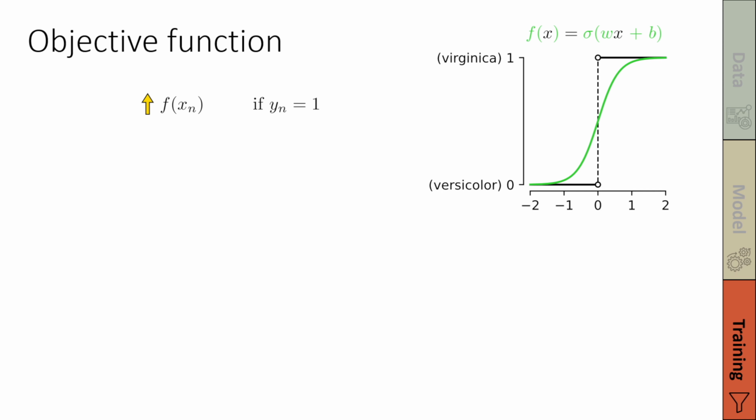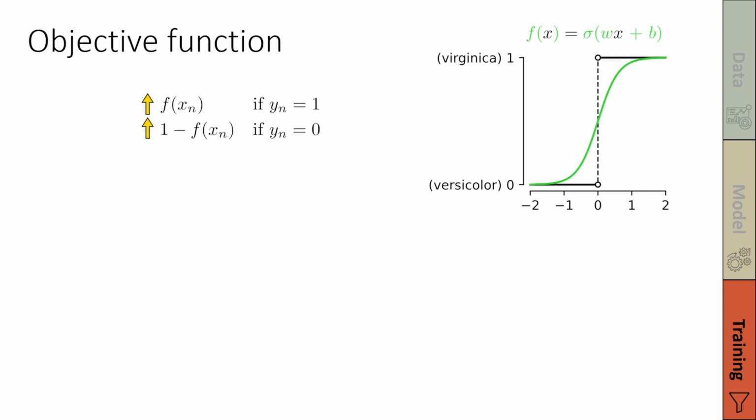And since the output of the sigmoid function is bounded between 0 and 1, this means that we want the output to be as close to 1 as possible. And when the target is 0, we want the function value to be as low as possible. Minimizing f of x is equivalent to maximizing 1 minus f of x. So let's use this so that we have a maximization in both cases.